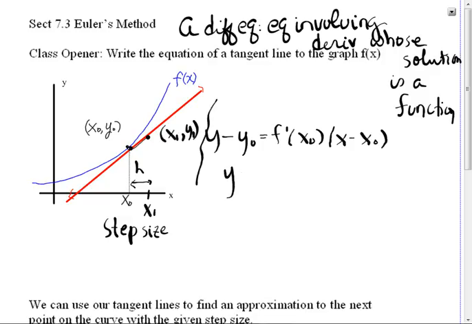So y1 is equal to y0, where you started, plus the derivative at x0, and it might be a function of x and y, times x1 minus x0. That gives me my new y coordinate. I'm not on the curve anymore. But if I make my step size really tiny, I'm pretty darn close. Guess what we do to find the next one?